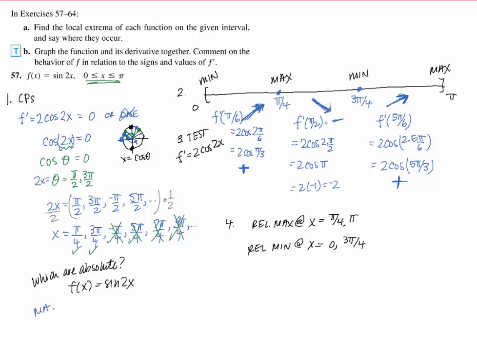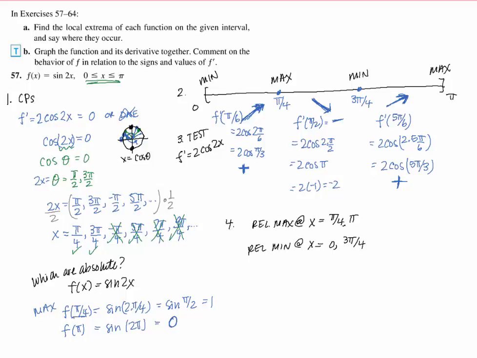So for the maximum, let's see what happens at f of pi over 4. That's the sine of 2 times pi over 4, which is the sine of pi over 2, which is 1. And at pi, we have the sine of 2 pi, which is 0.